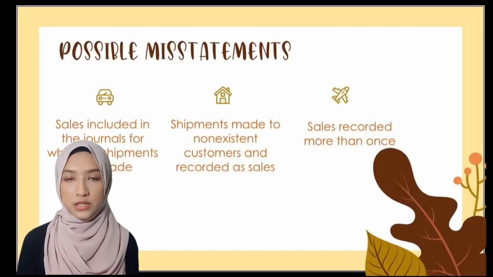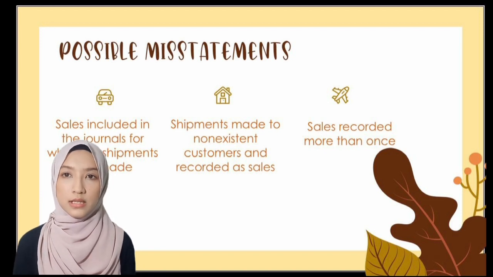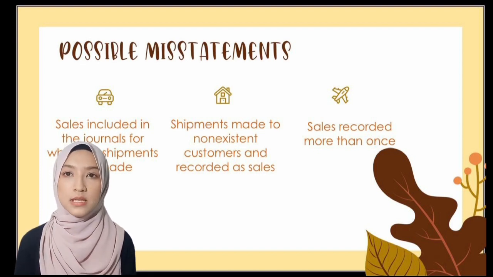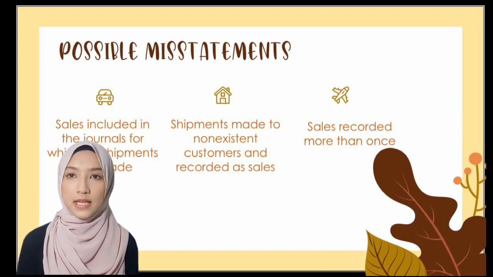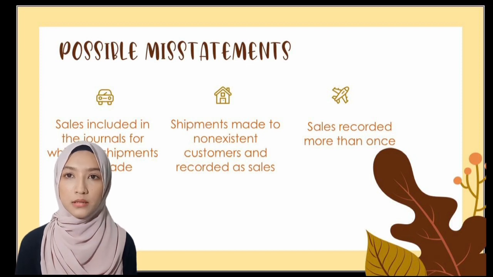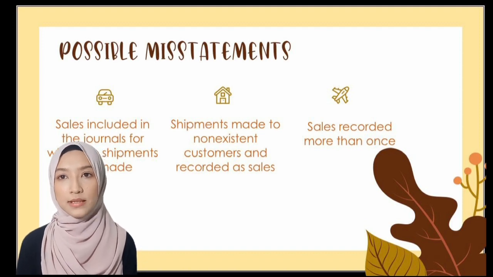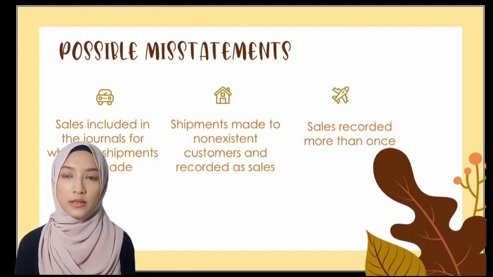In occurrence management assertion in sales transaction, there are 3 possible misstatements that the company may have made. The first one is sales included in the journals with no shipment made. The second one is shipment made to non-existent customer and recorded as sales. And the last one is sales recorded more than once.